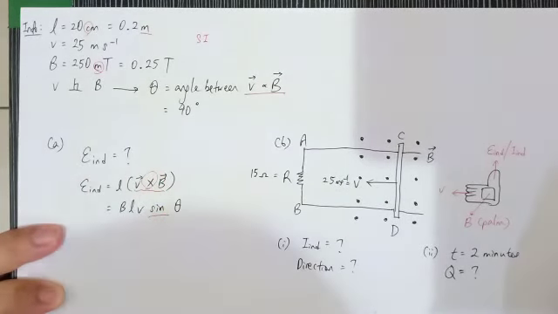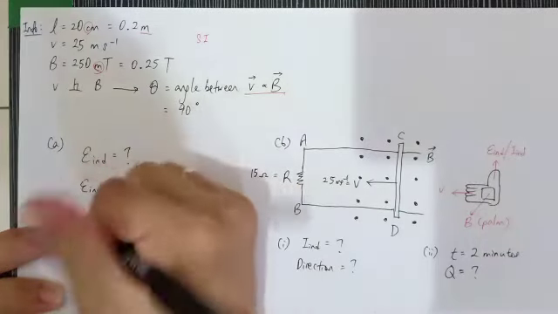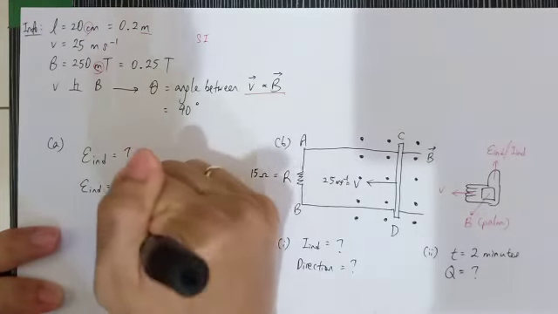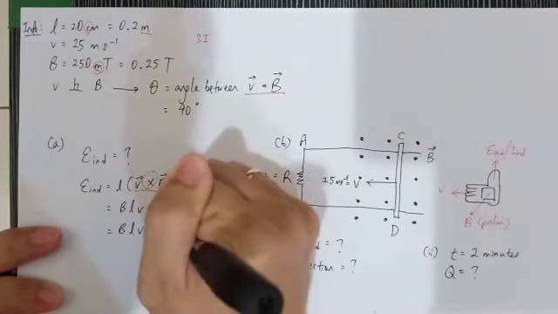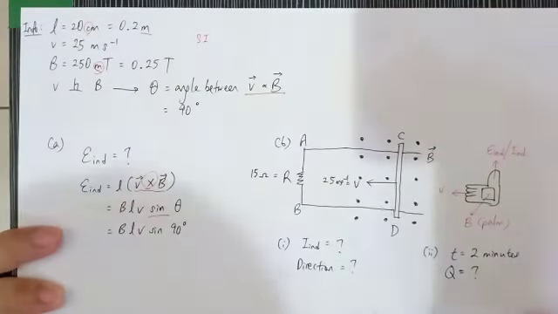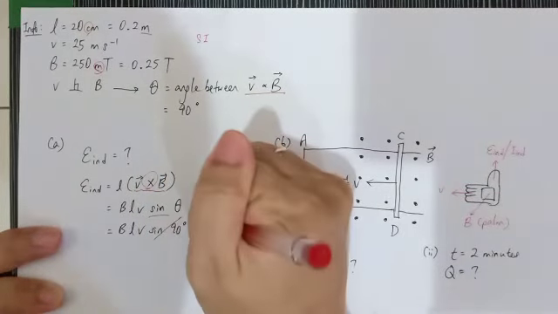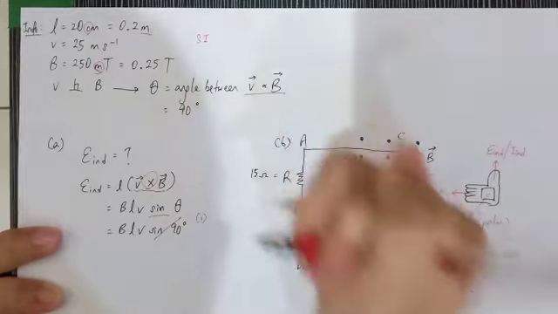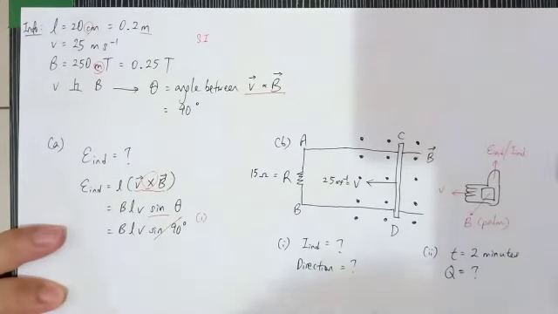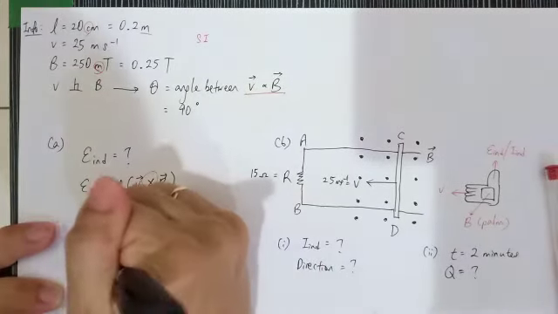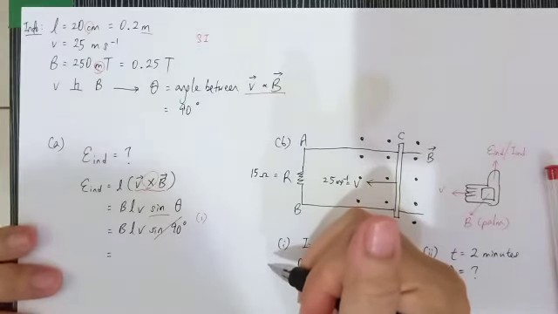So we can say BLV sine 90. And of course, we know that sine 90 always equals 1. So we can substitute all the other values.